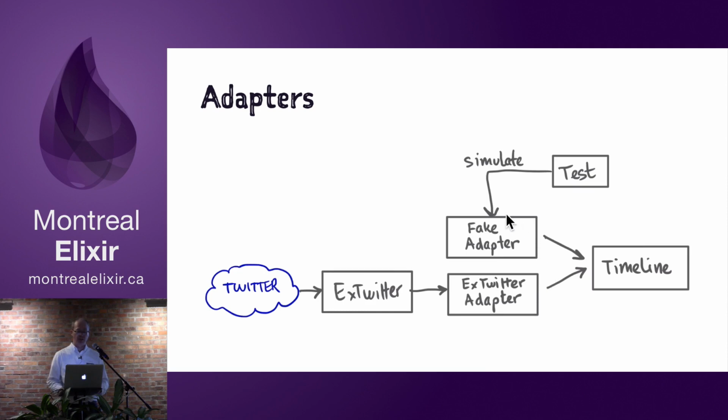So we're going to write a fake adapter. The test will provide dummy data to the fake adapter, and the Twitter timeline will be using the fake adapter in the tests. Later on, we can test the X Twitter adapter using a different tool set.